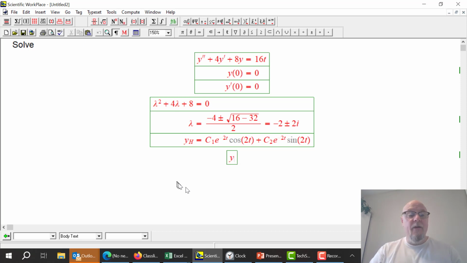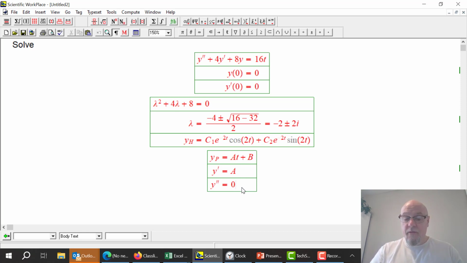So I need to make a good guess. I'm using unknown coefficients here. So I see that the target function is a line, 16t. So I'm going to put in the most general line, at plus b. So I need its derivative, which is a, and I need its second derivative, which is 0.